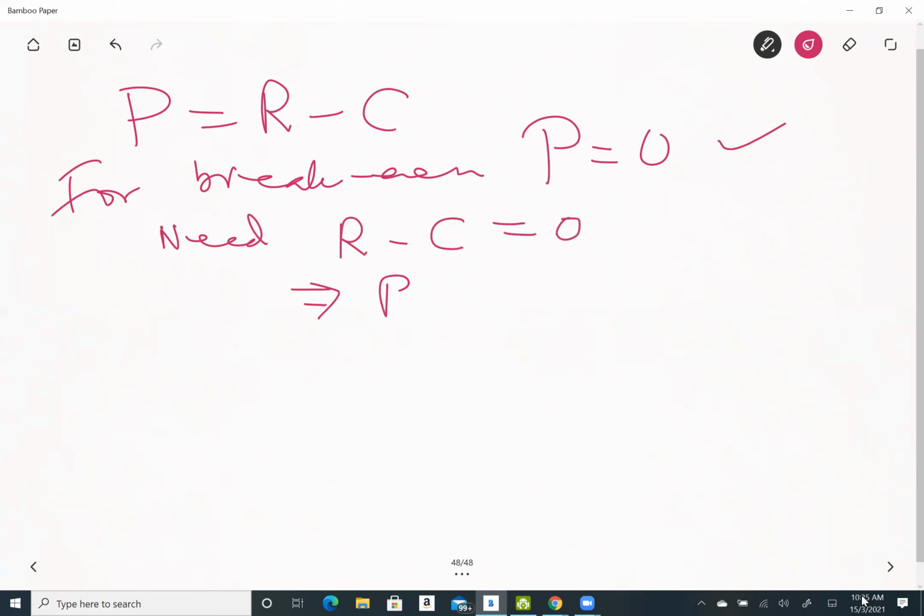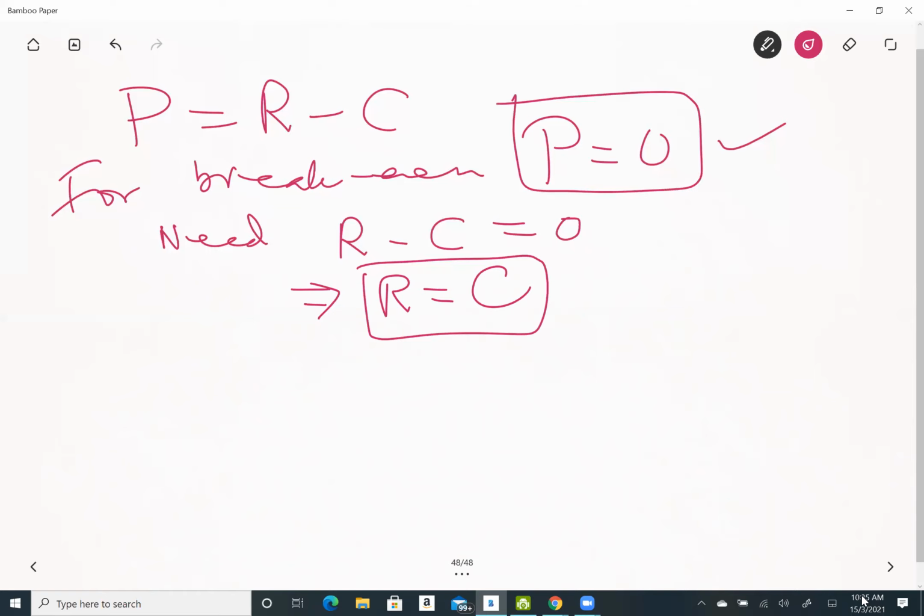That will mean revenue equal to the cost. So that is our break even. Now that condition is in terms of R and C. That condition is direct from the profit.